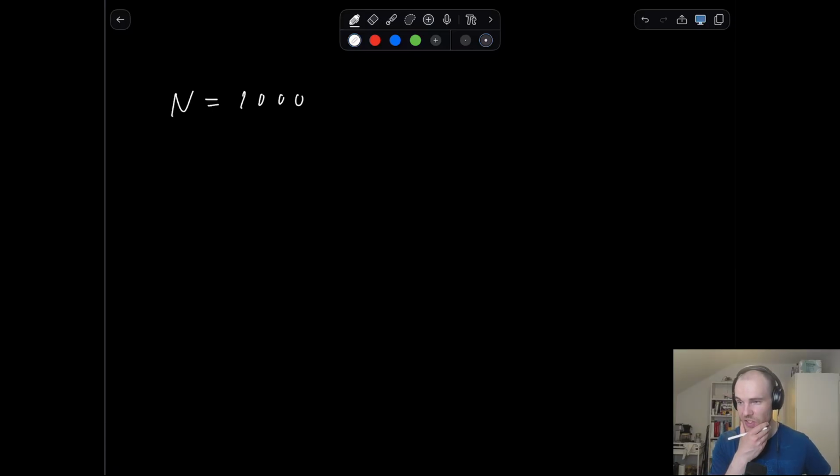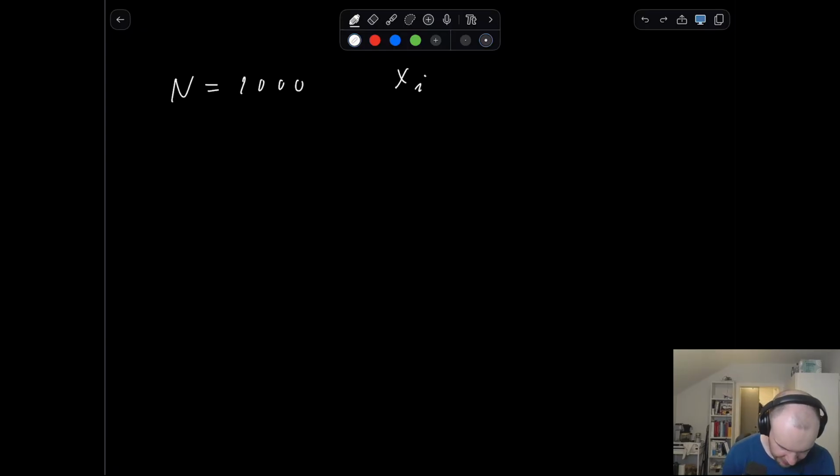From our sample, we can of course calculate the mean. So usually we have n equal to 1,000, and we label one woman as x of i, where i is the index. And then, of course, the sample mean.